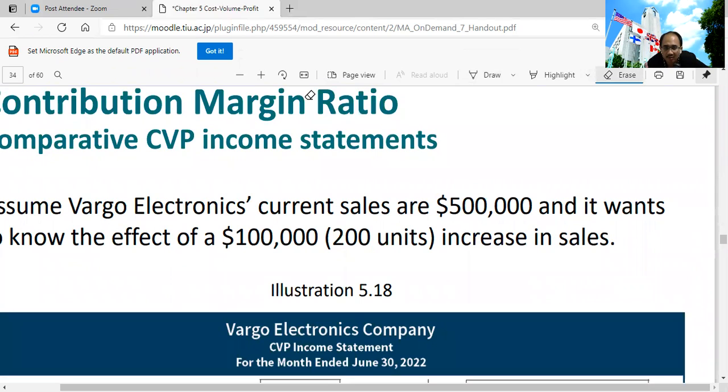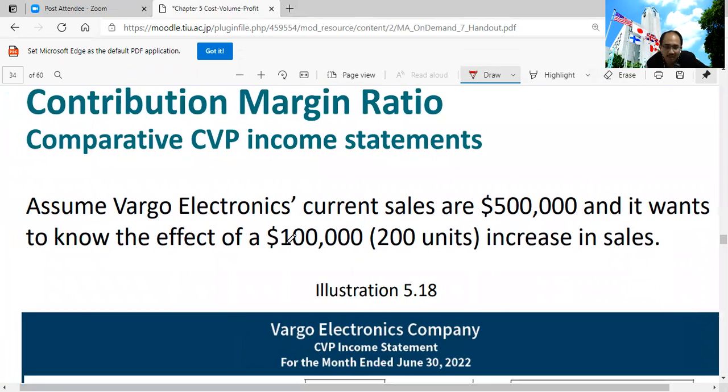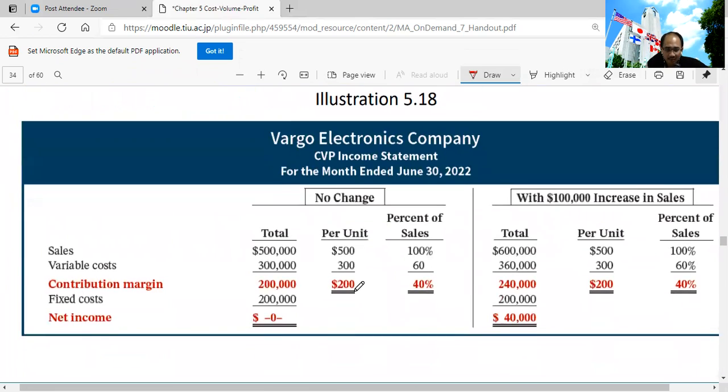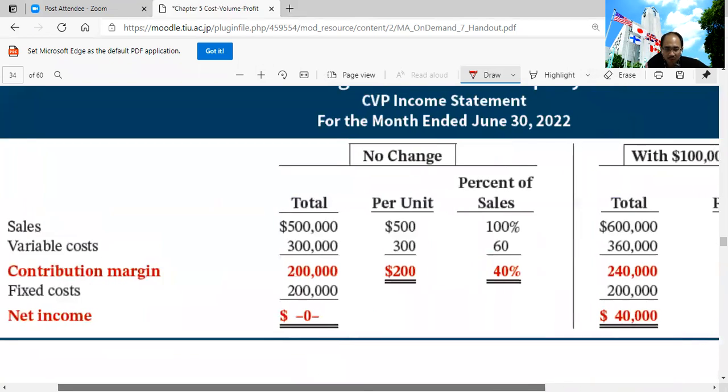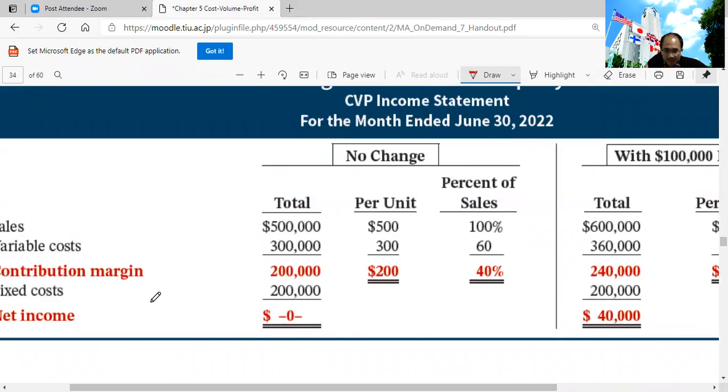So again, assume Fargo Electronics currently has sales of $500,000, and we want to know the effect of a $100,000 increase in sales. You can do the calculation like this. Suppose no change, the contribution is 40% of sales. You can see sales, variable cost and contribution margin here. So net income is zero.